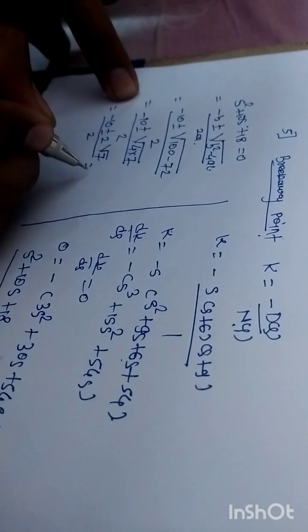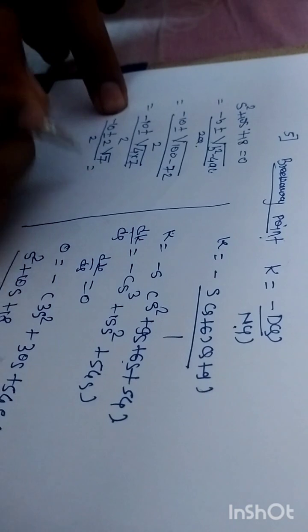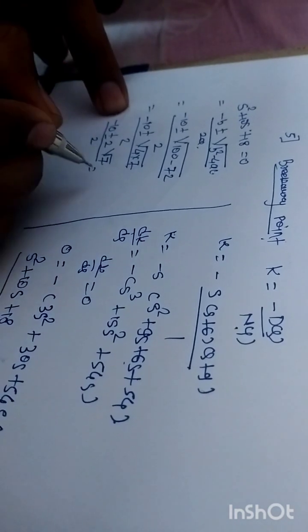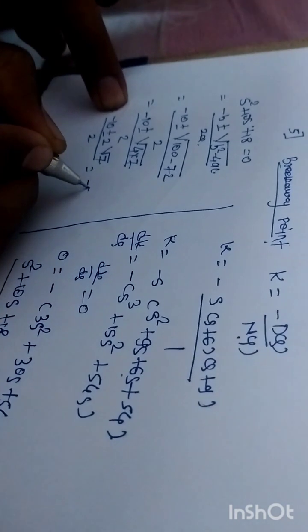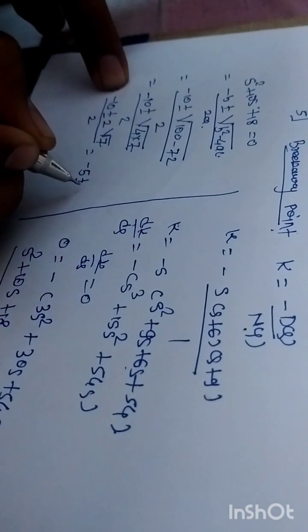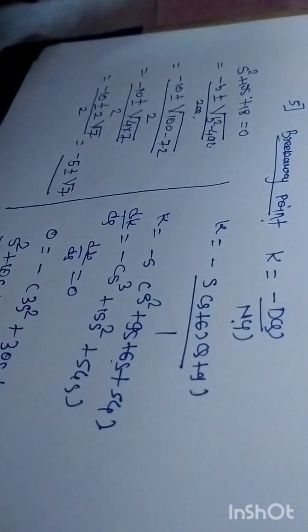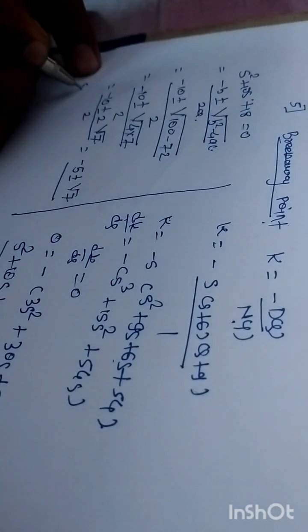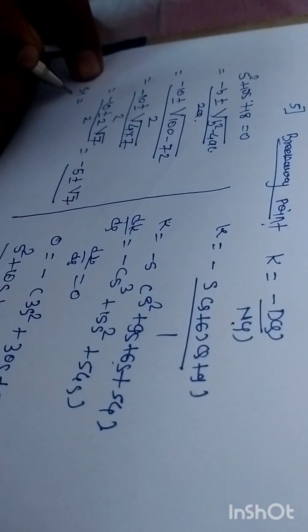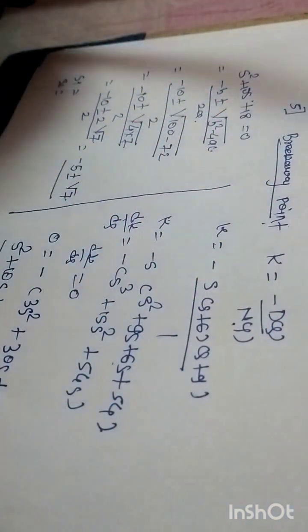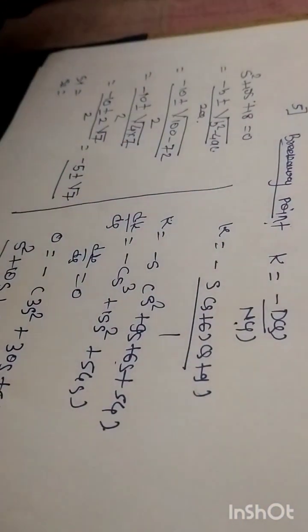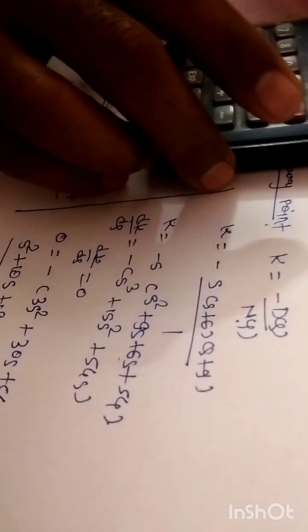So when we take this 2 as a common term, this 2 will get cancelled, so it will become minus 5 plus minus square root of 7, right? So here we will come to know the two roots, s1 and s2. With the help of this scientific calculator, we will determine these two roots.